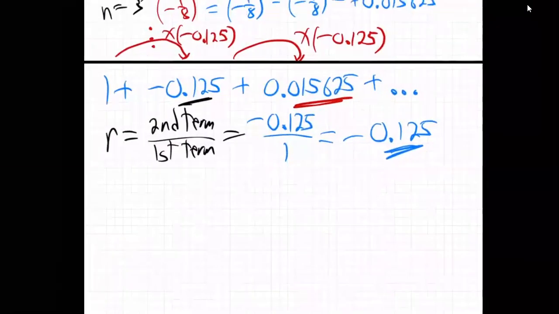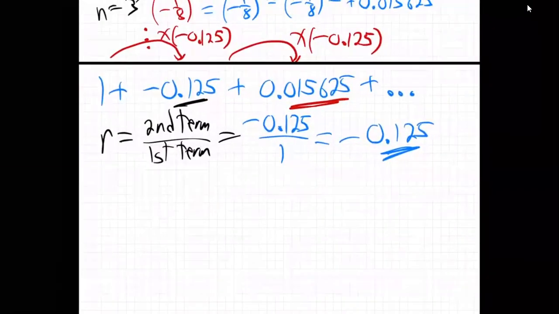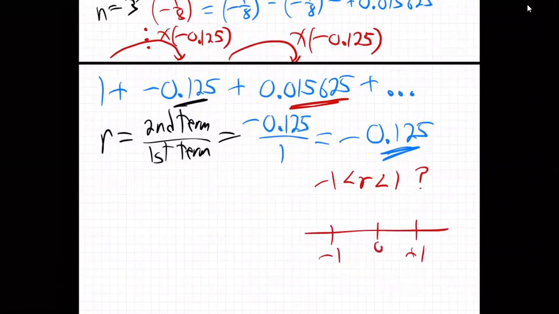So let's go back and say, all right, what is my R? Is my R between negative 1 and positive 1? That's the big question. Where's my R? Well, here's 0 in the middle. It's about right there, isn't it? R is negative 0.125.